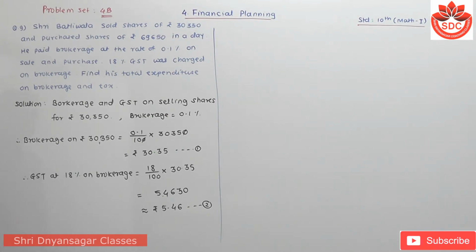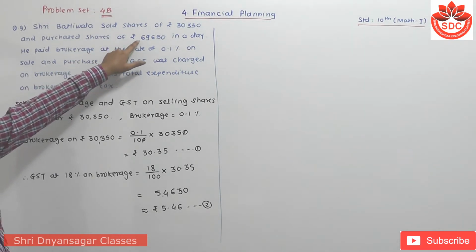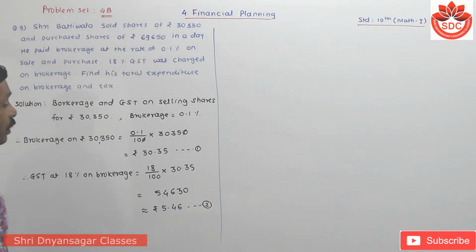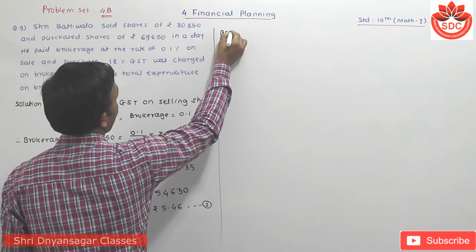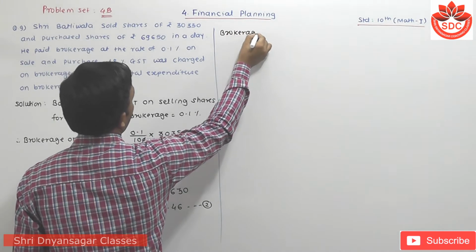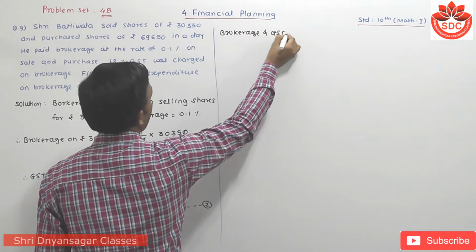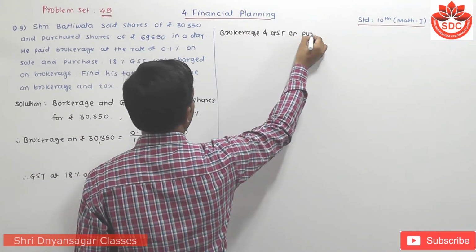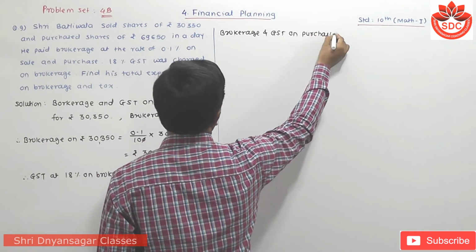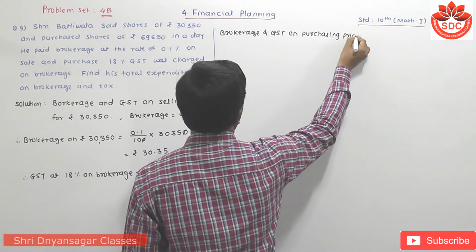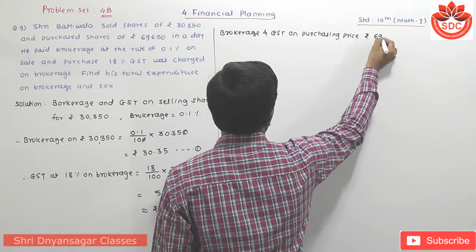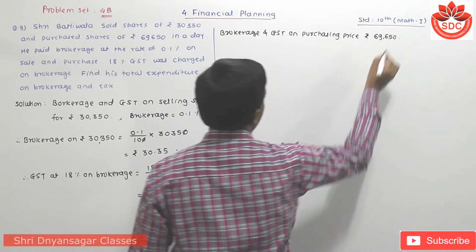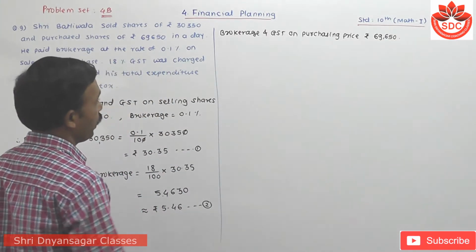Then we have to find out brokerage and GST on the purchasing price of rupees 69,650. First we have to find out the brokerage.